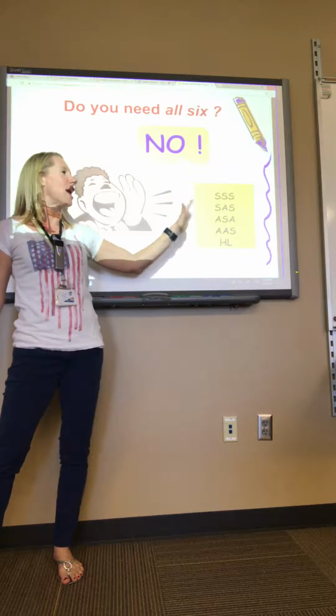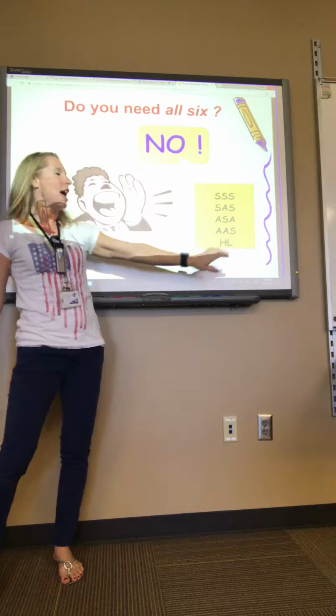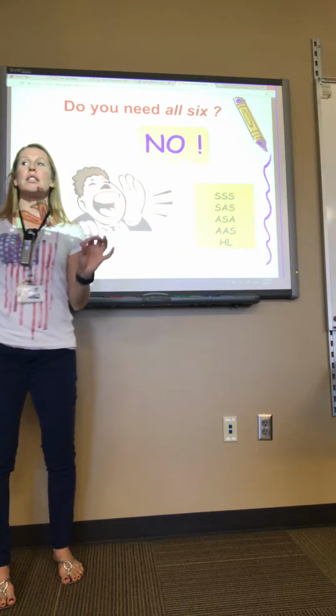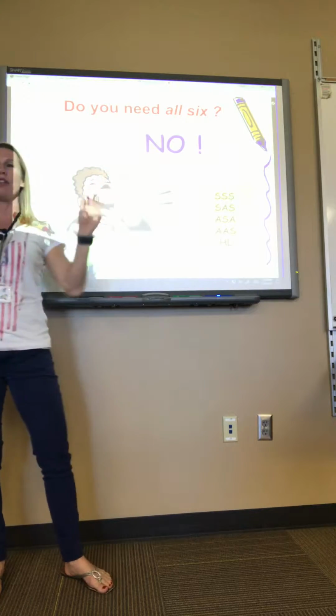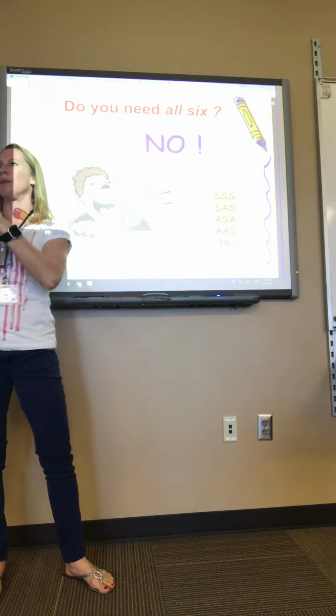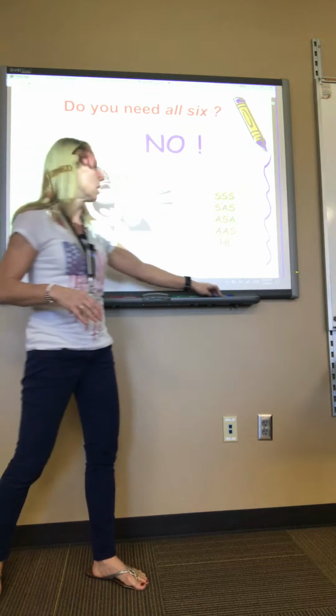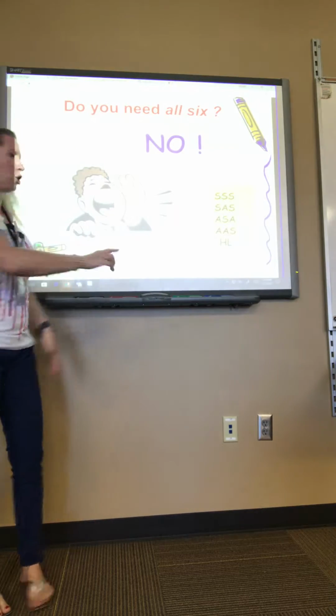SAS, which stands for side, angle, side. Angle, side, angle. Angle, angle, side. And HL, or sometimes it's known as RHL. I'm not sure. On the ACT test, you might see it just as HL or just as RHL. Depends. Some books do it different ways. So I am going to explain that further to you.